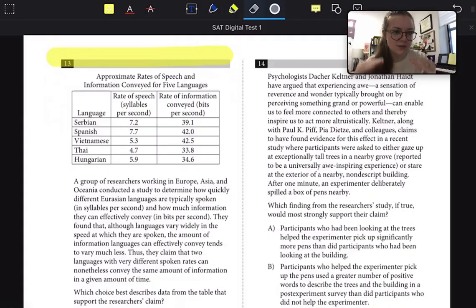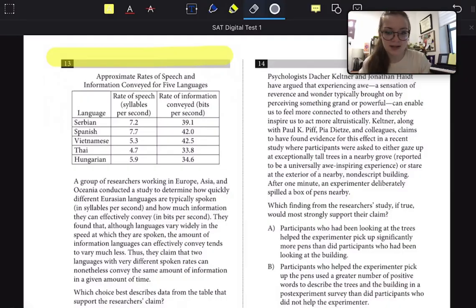So here we have a bit of a discrepancy between the speed at which something is spoken and the amount of information. So even just looking at this graph on its own without consulting the paragraph at all, we can already see that there isn't that automatic relationship between speed of speech and information conveyed. So that's a really good thing to keep in mind.